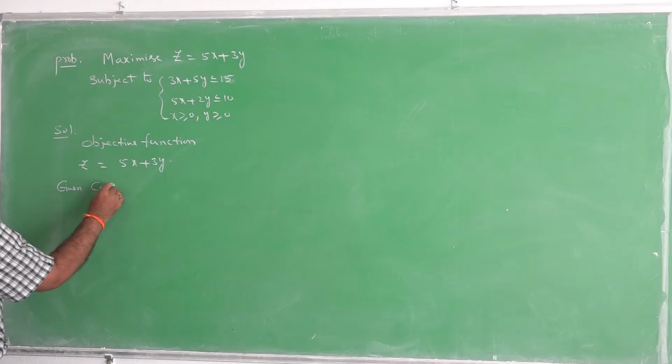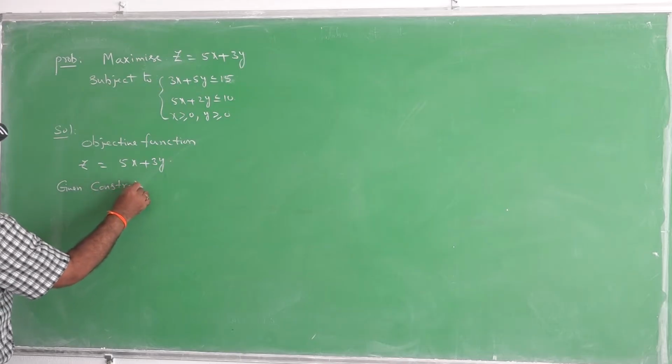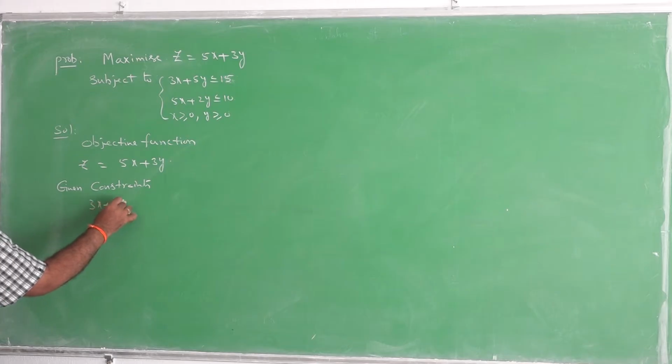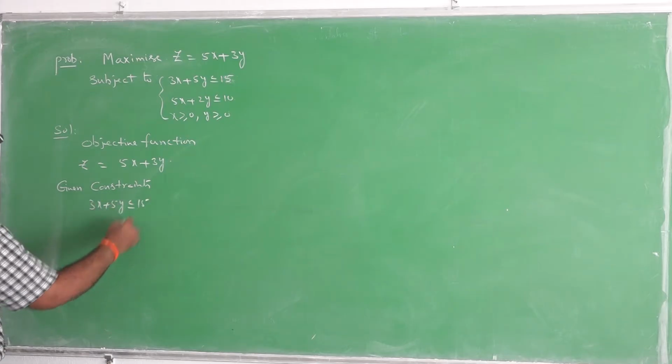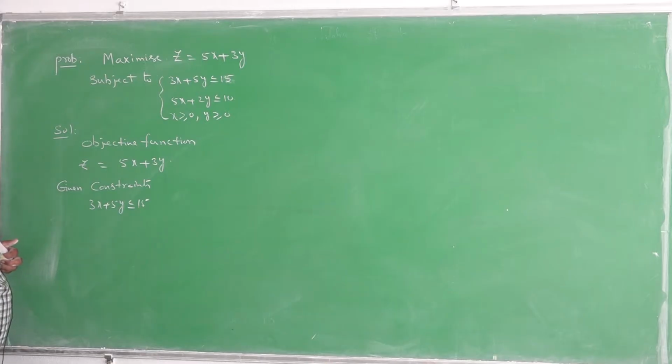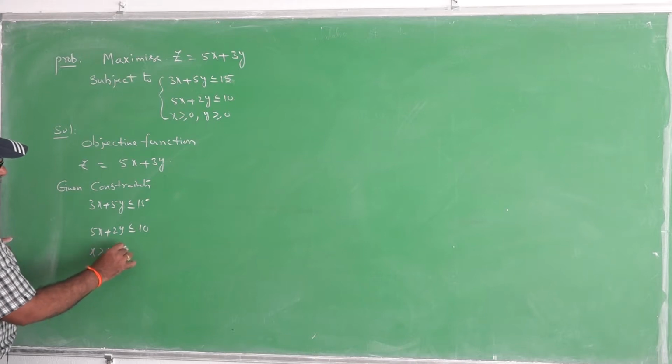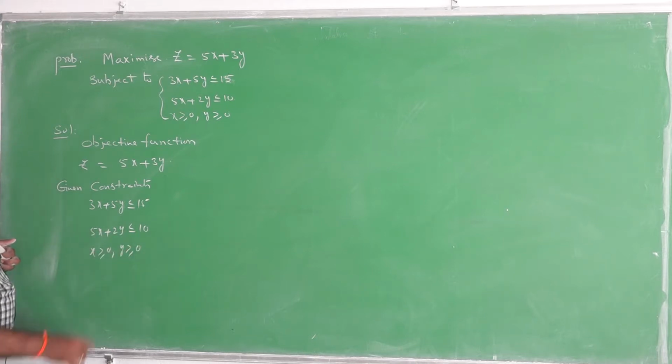The given constraints or conditions are 3x plus 5y less than or equal to 15, 5x plus 2y less than or equal to 10, x greater than or equal to 0, y greater than or equal to 0.